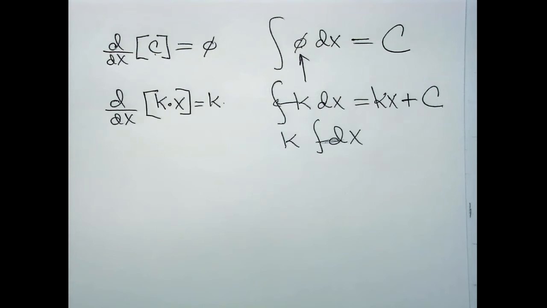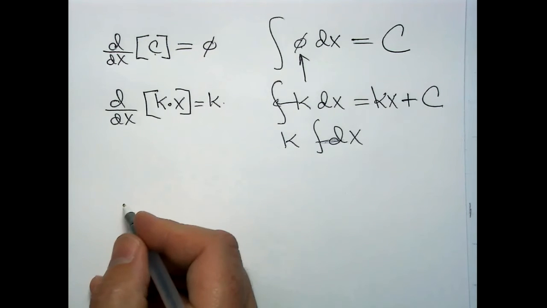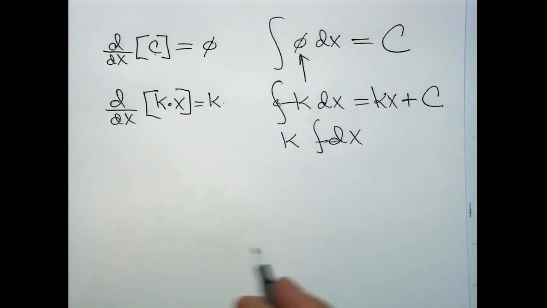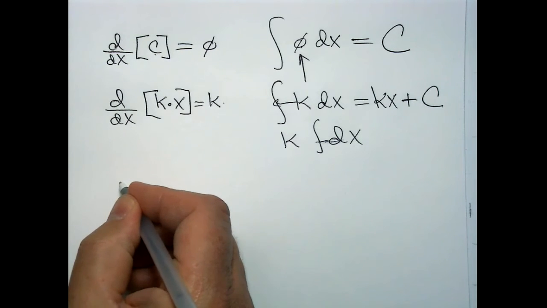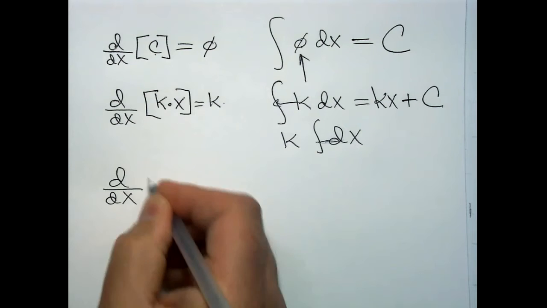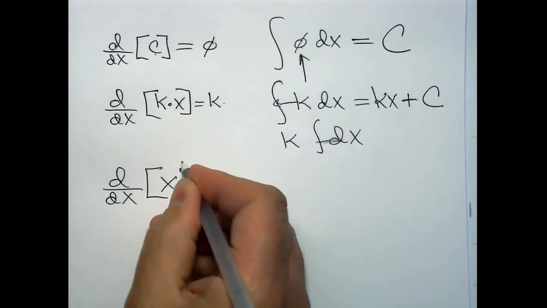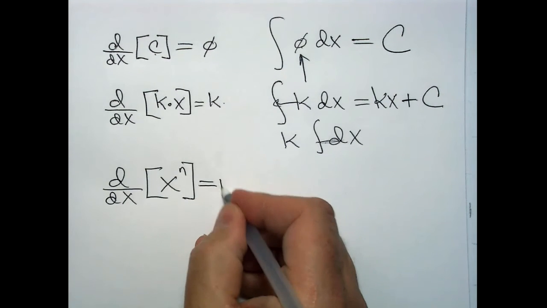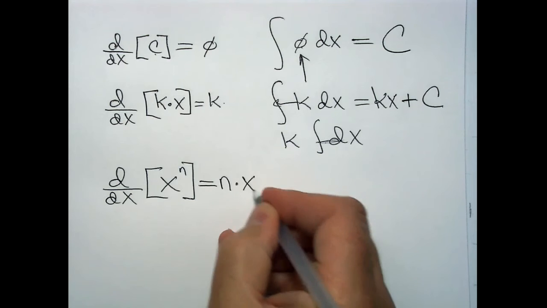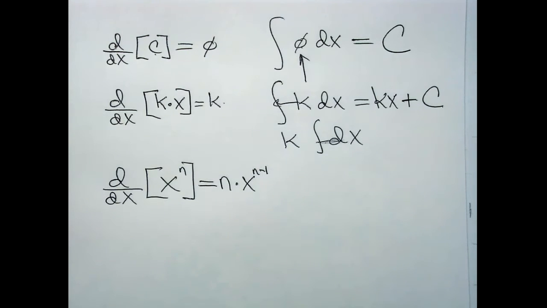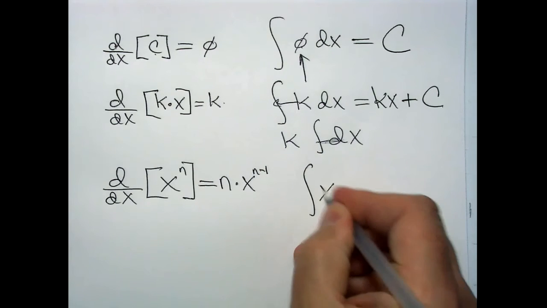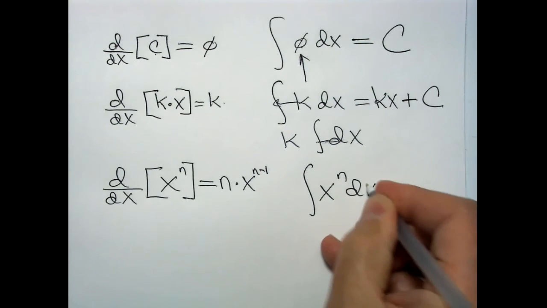Let's see. What is the derivative of x raised to a power? It's n times x to the n minus 1. So what's the integration of a power? Always bookends.